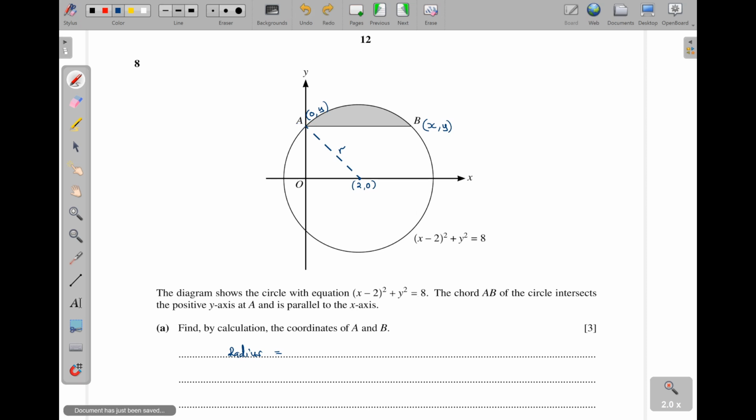So the radius is going to be the square root. I'm going to use this and this. So we shall have 2 minus 0, the change in x, plus 0 minus y, squared. This is equal to the radius, remember, the square root of 8.